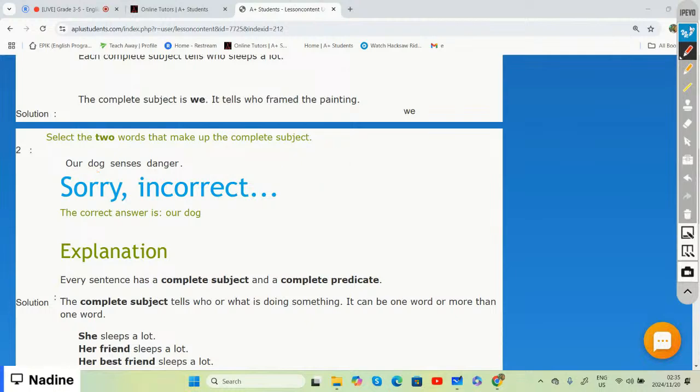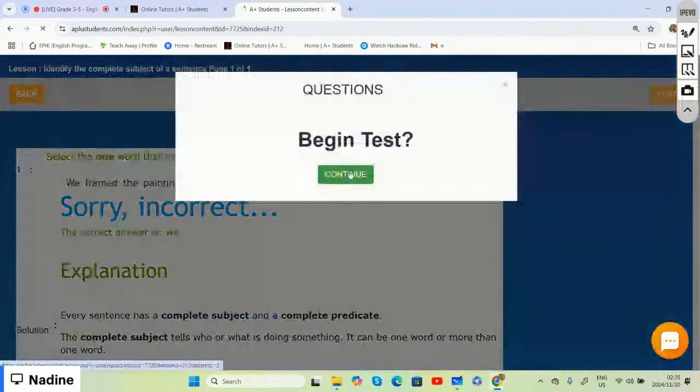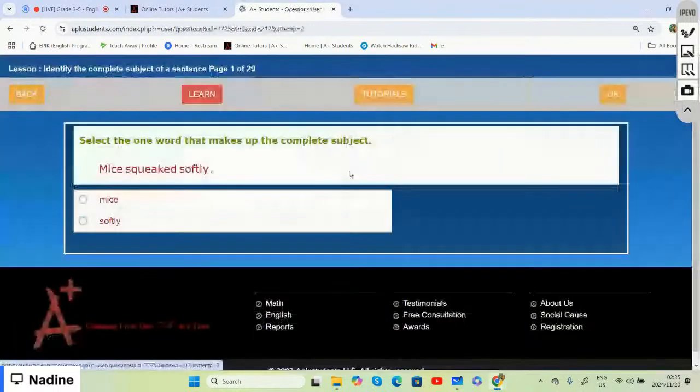All right, so now we're going to our test where we need to identify the complete subject within the sentence.